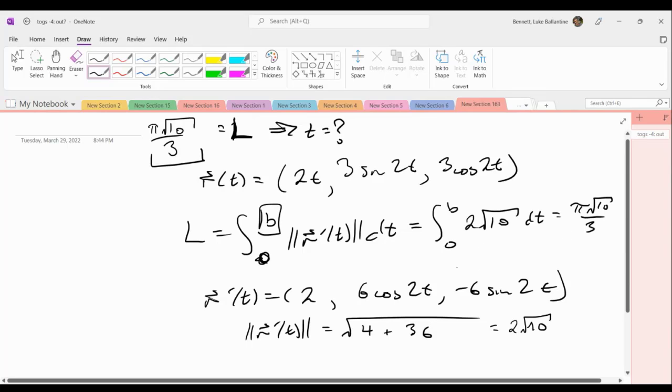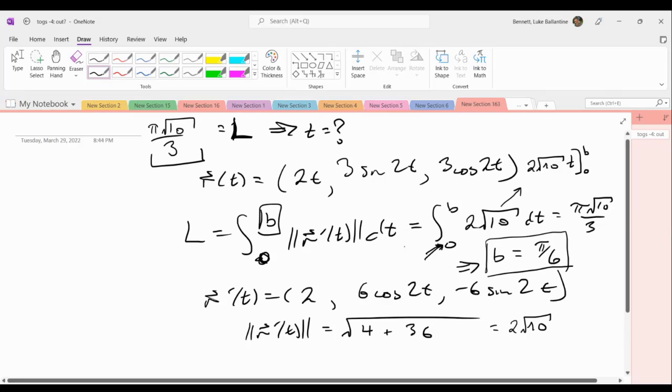So then solving this for b gives pi over 6. Because we integrate with respect to time, so this is a t, and we're evaluating from 0 to b. You could have picked any number down here, but this is the simplest. Could you have picked any number?